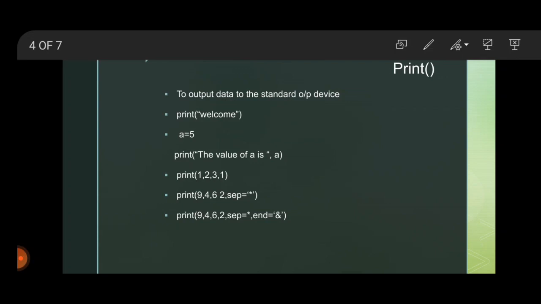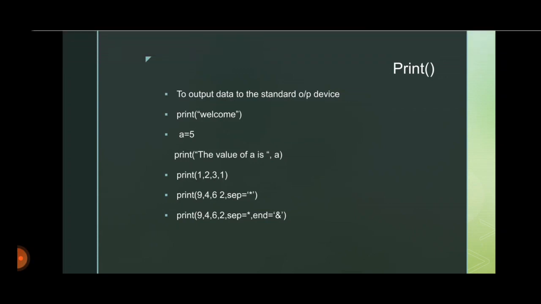So in the output device it will be displayed as 9 star 4 star 6 star 2. At the last there is an additional parameter, end is equal to ampersand. So at the end of the displayed values another element, the ampersand, will get displayed. At the end of this session we will do our lab session, in which we will discuss it in detail.